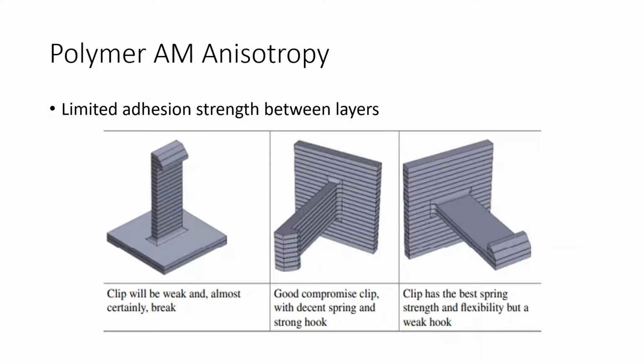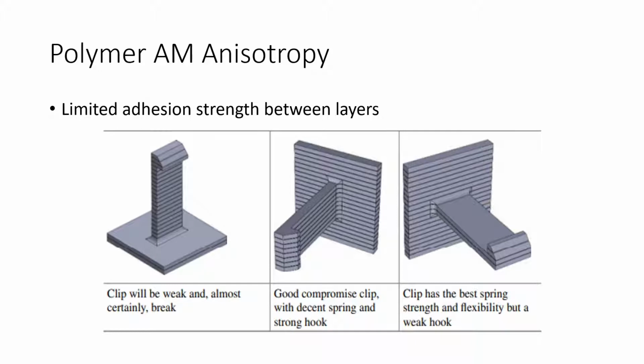For polymers, it's common for there to be some level of anisotropy whenever you print. Here is a good example of a clip that was 3D printed, and it seems like this was printed using an extrusion method for polymers. The first one mostly allows the force to be along the length of the clip.